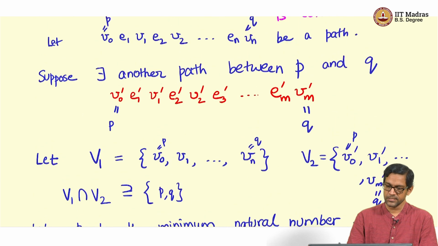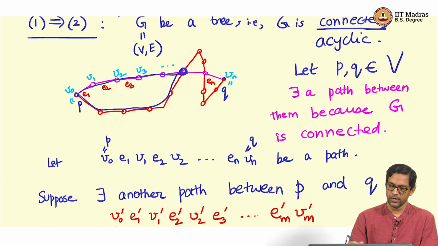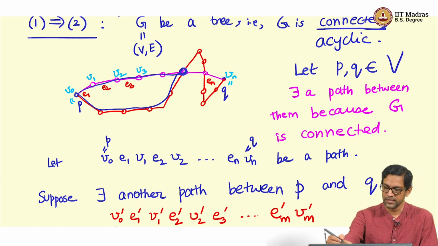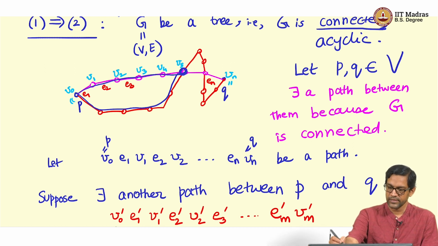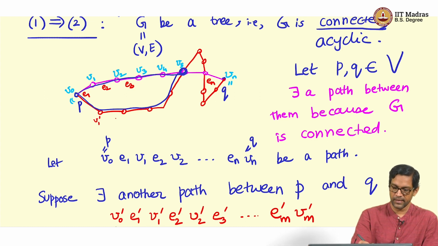Now having done this, let us go back here and see what these are in this example. If we take V3, V4, V5, the fifth vertex is where it intersects, and likewise if we take the other path, V1 prime, V3 prime, let us put one more vertex in the middle, V4 prime, V5 prime, V6 prime.